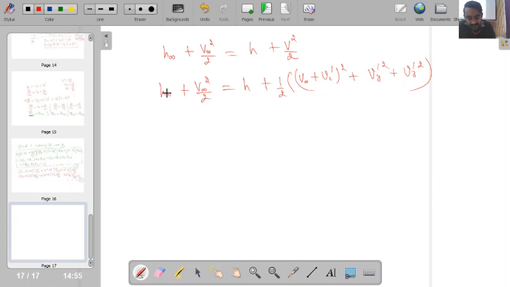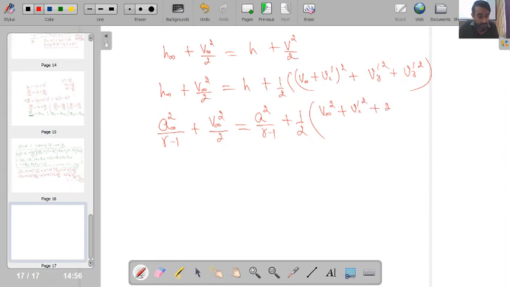Now this quantity h infinity we already know can be written as a infinity square by gamma minus 1, plus V infinity square by 2. This can be written as a square by gamma minus 1 plus 1 by 2 of, let's split this, V infinity square plus Vx dash square plus 2 times V infinity Vx dash plus Vy dash square plus Vz dash square.